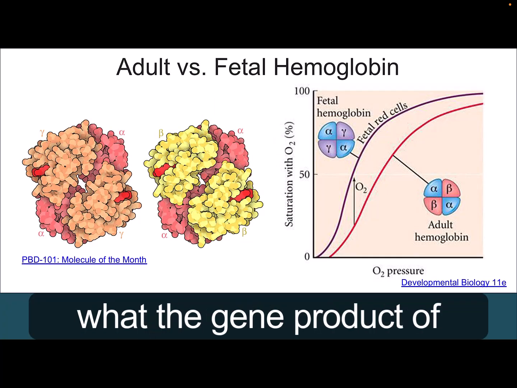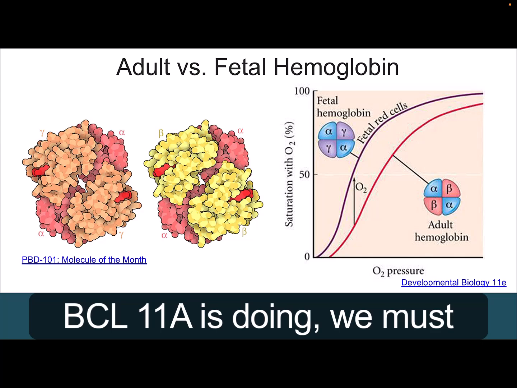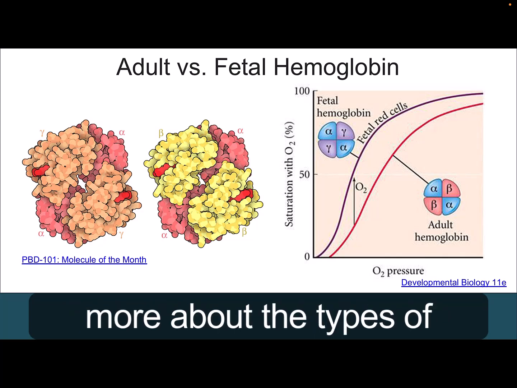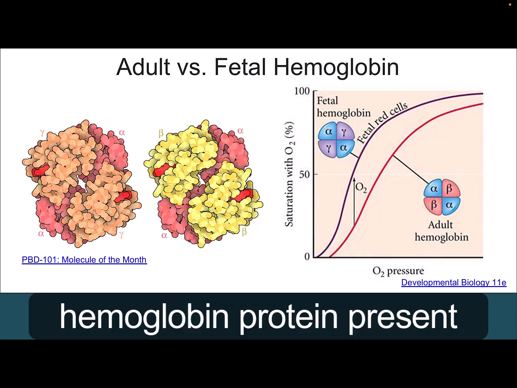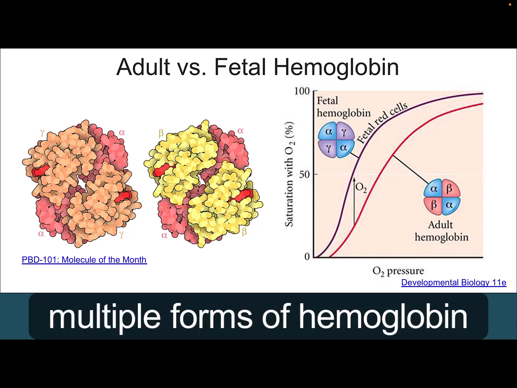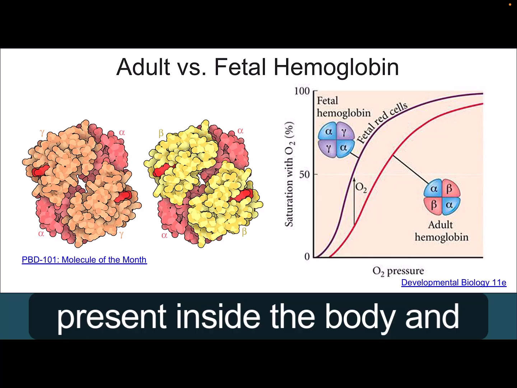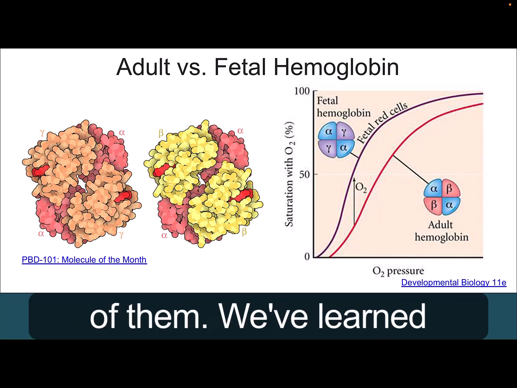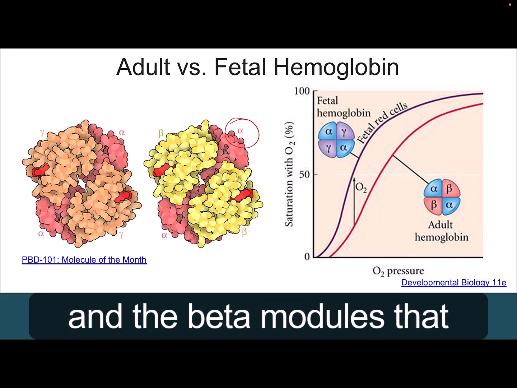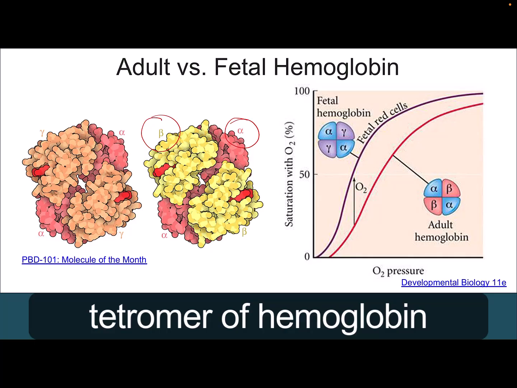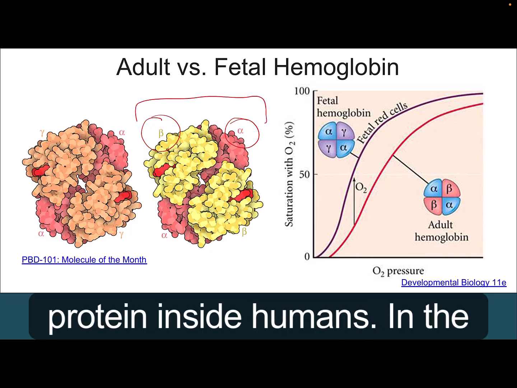To understand what the gene product of BCL11A is doing, we must first understand a little bit more about the types of hemoglobin proteins present inside the body. There are multiple forms of hemoglobin present inside the body, and we're going to discuss 3 of them. We've learned previously about the alpha and the beta modules that make up the common tetramer of hemoglobin protein inside humans.